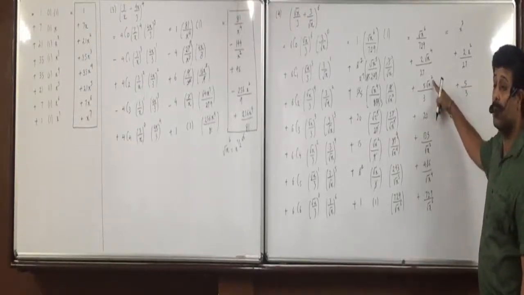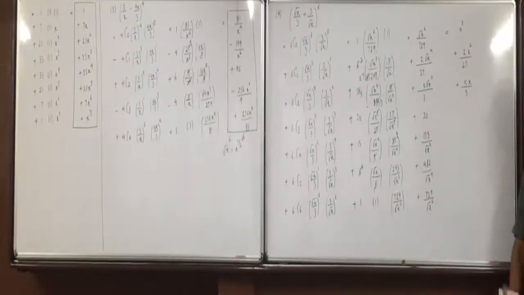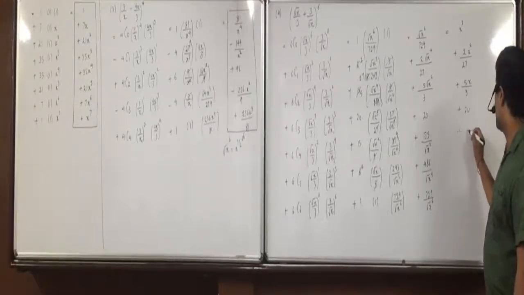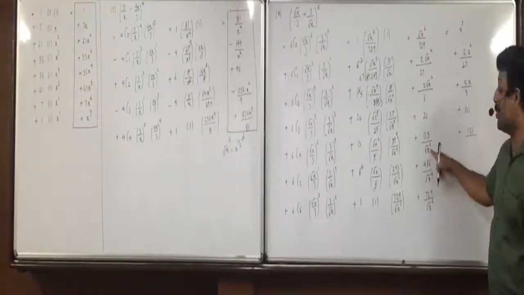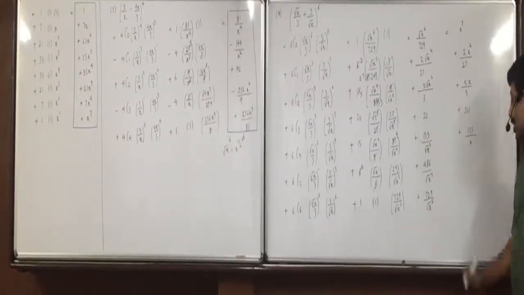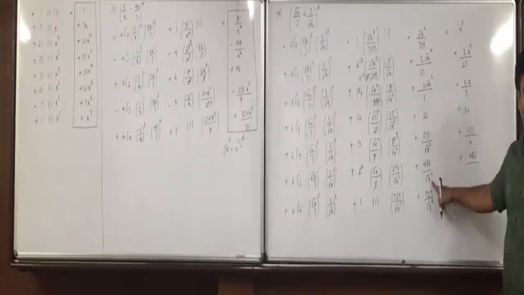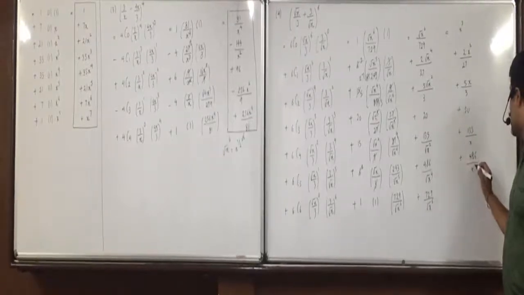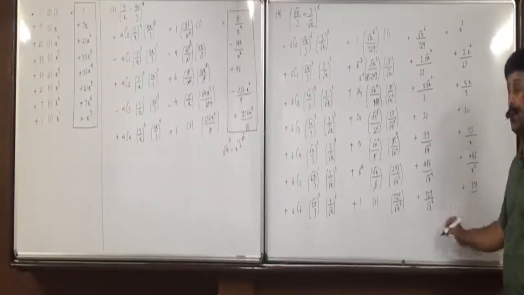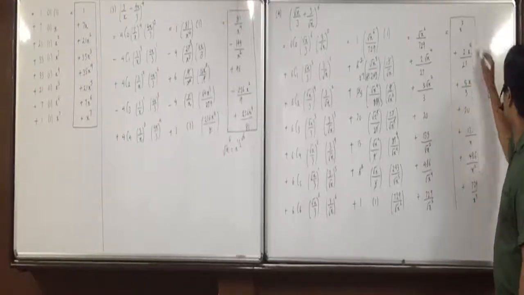Half of 2 is 1, so simply x. Plus 20. Plus 135 upon half of 2? 1, so simply x. Okay? Plus 486 upon half of 4? So x raised to 2. Plus 729 upon half of 6? So x raised to 3. This is the final answer.